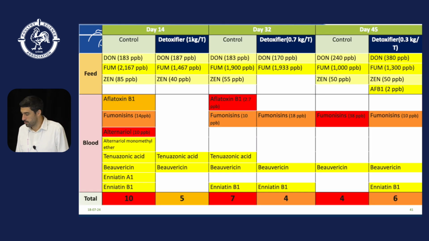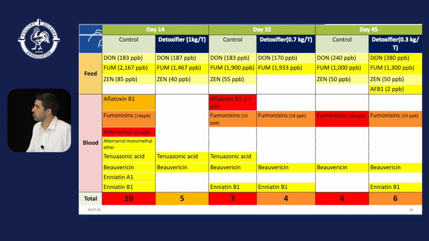But then we added the blood. And as I said before, in more than 80% of the cases, mycotoxins detected in the blood were not detected in the feed, even aflatoxin, the most toxic one. But then, in the control group, we detected 8 different mycotoxins in the blood.